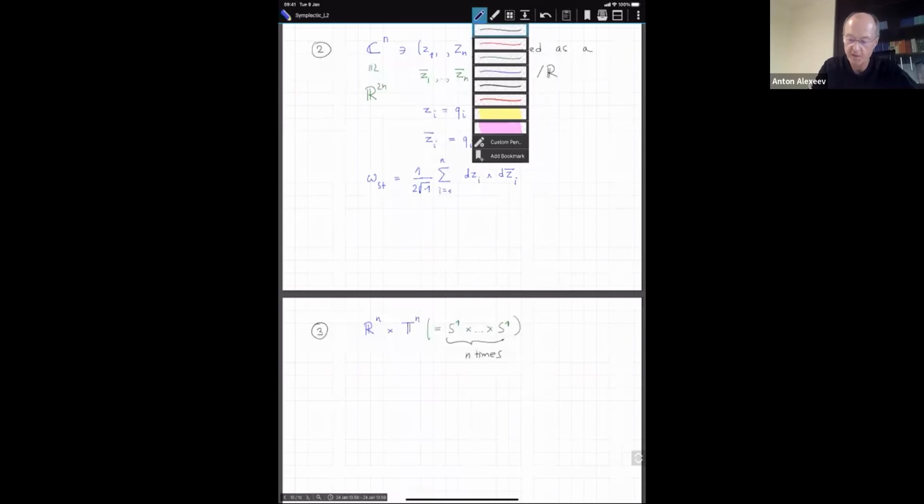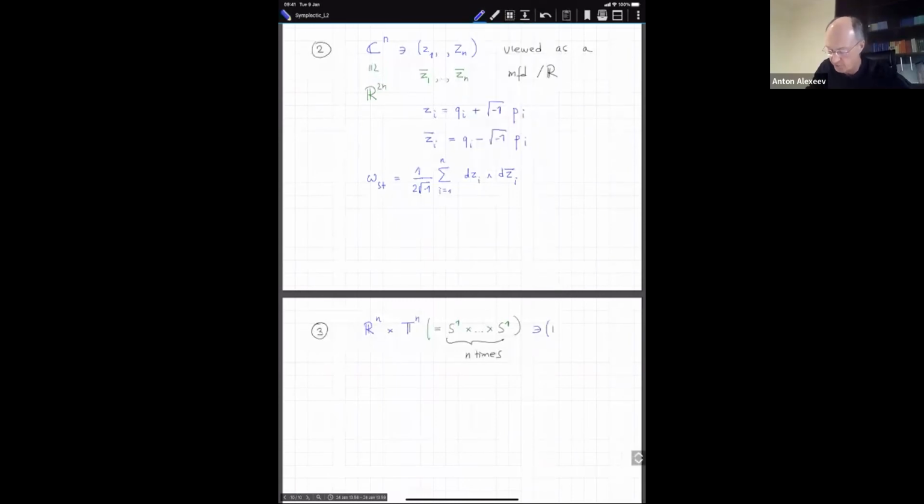And maybe just for now, there are many names for the corresponding coordinates. Let me call the elements of Rn by capital I's and angles on the tori, on the circles, by thetas. And well, the standard 2 form is still the same. This basically doesn't change.